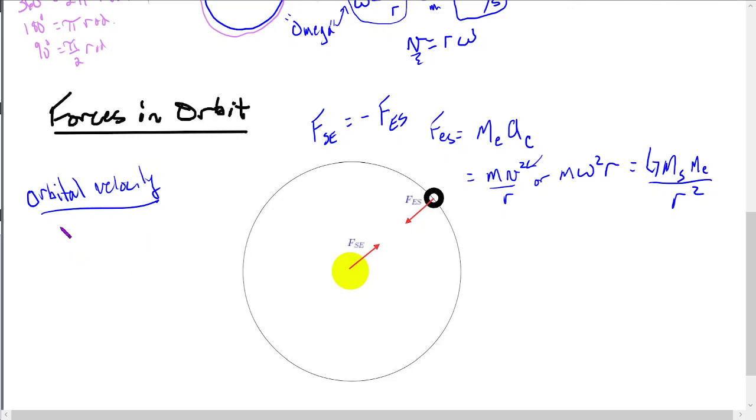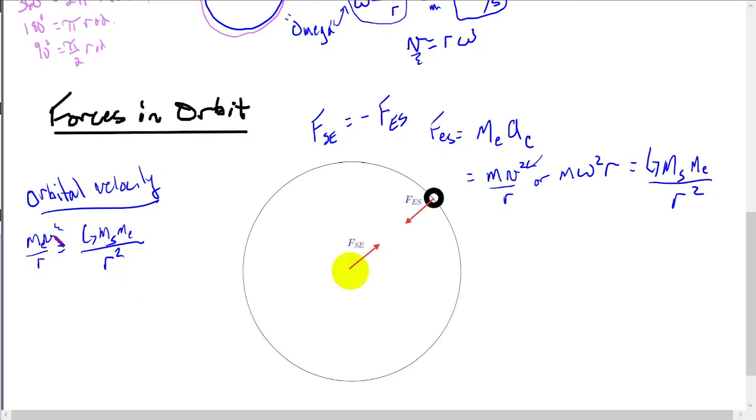So we're going to do that. So we have m v squared over r equals G times the mass of the sun times the mass of the Earth, because we're just worried about the force on the Earth, divided by r squared.